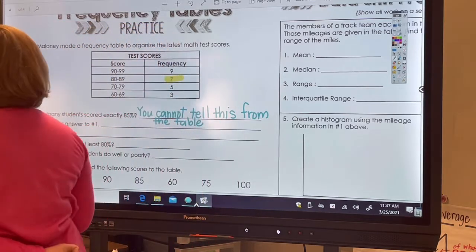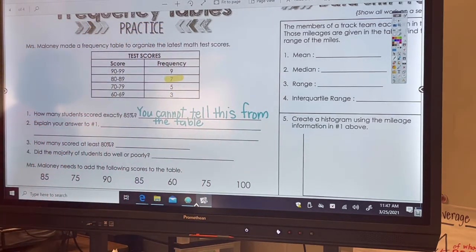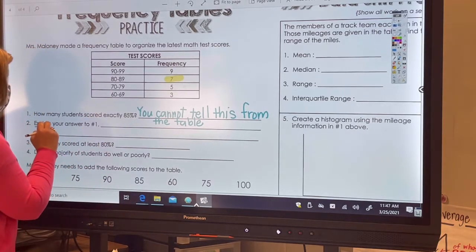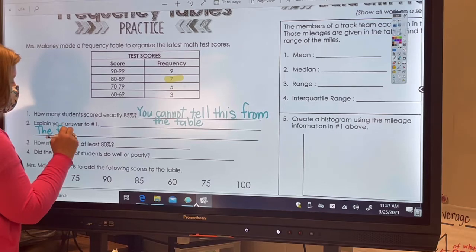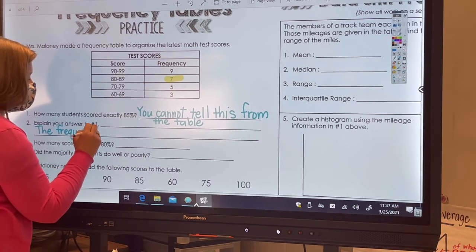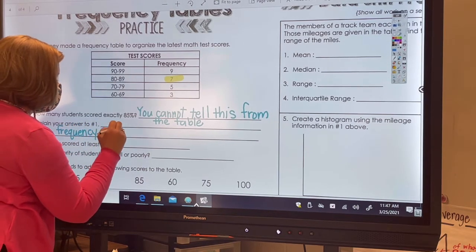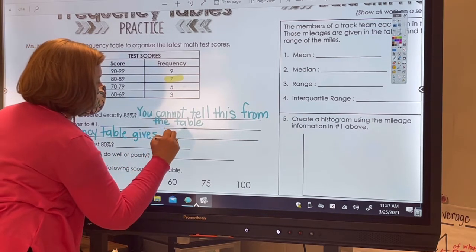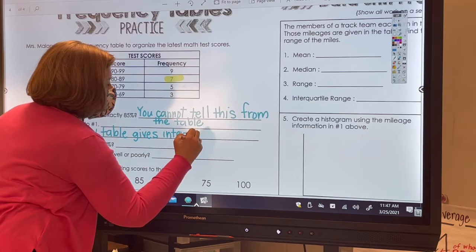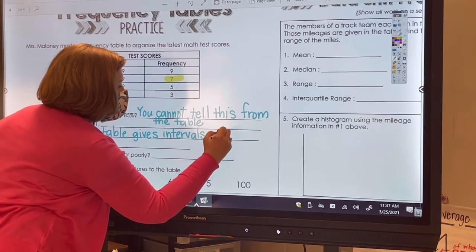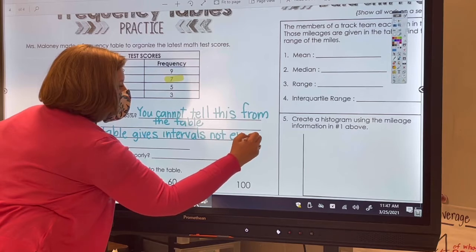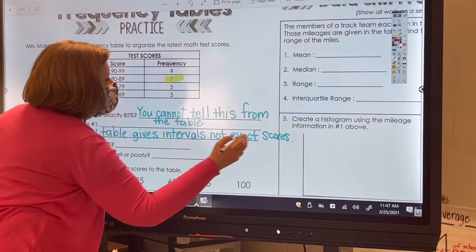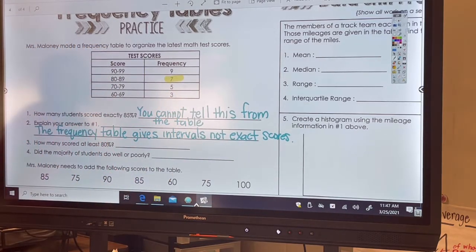You cannot tell that from the table because the frequency table gives ranges, intervals. It does not give exact scores.